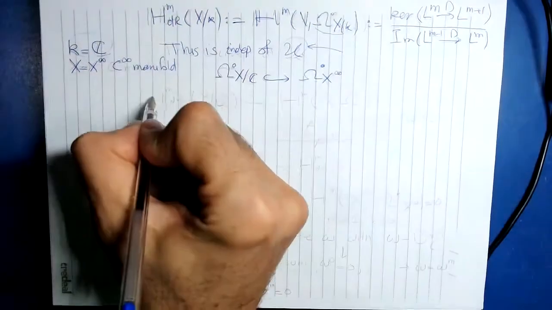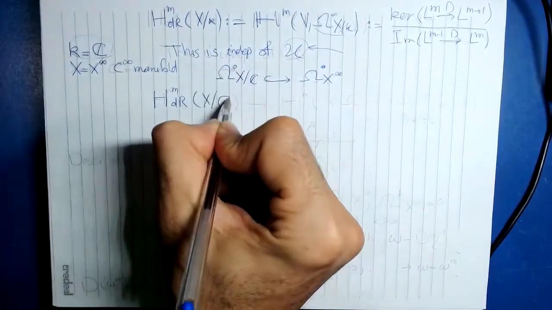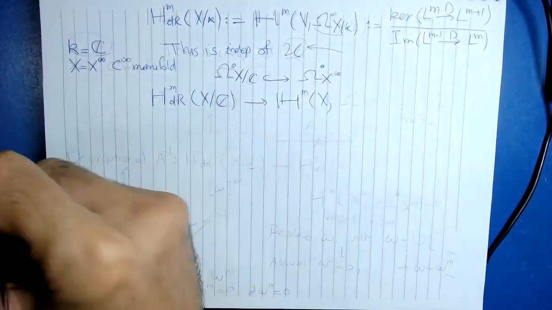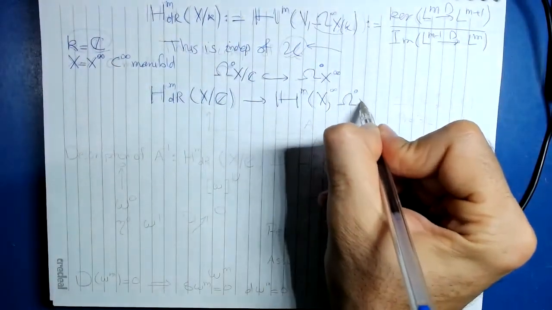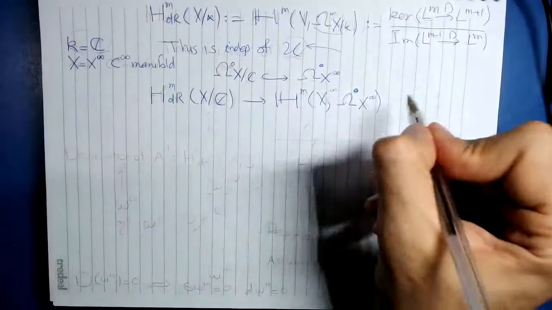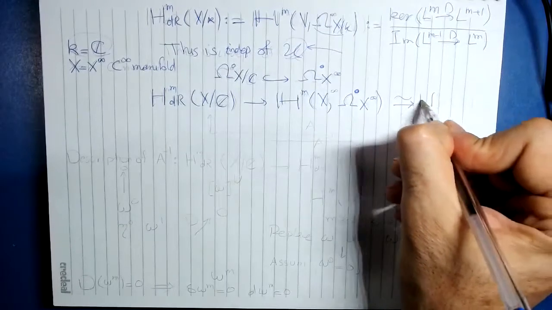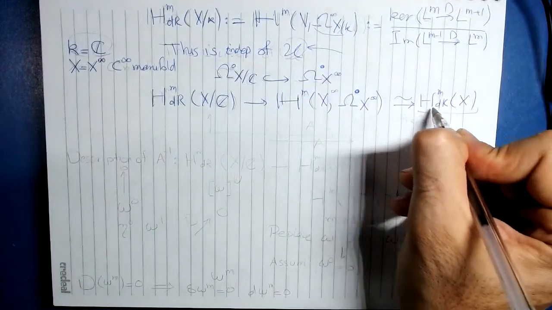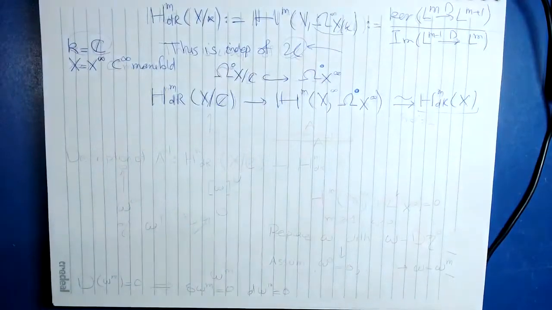This inclusion will give me a map from the algebraic de Rham cohomology to the hypercohomology of the same X, sometimes I do not write this upper script infinity, of the complex of C infinity forms. And this hypercohomology is actually isomorphic to the classical de Rham cohomology.